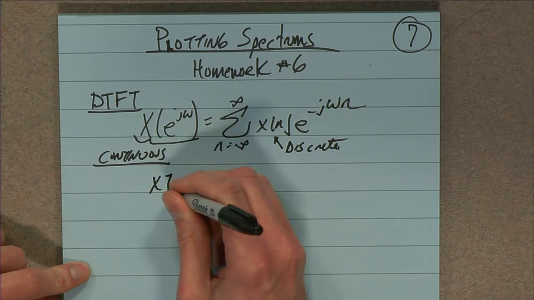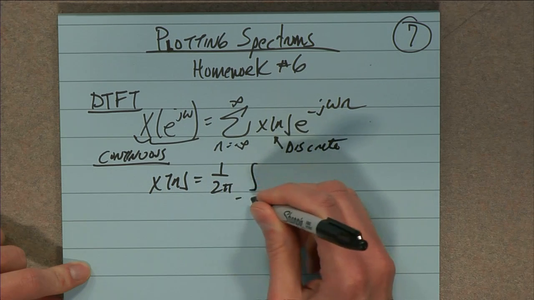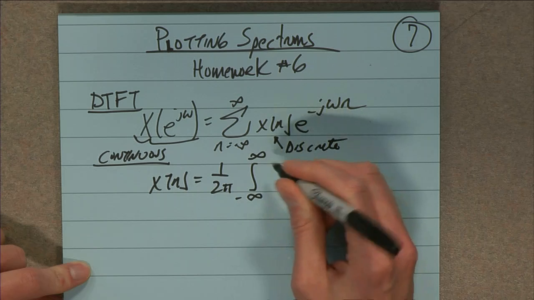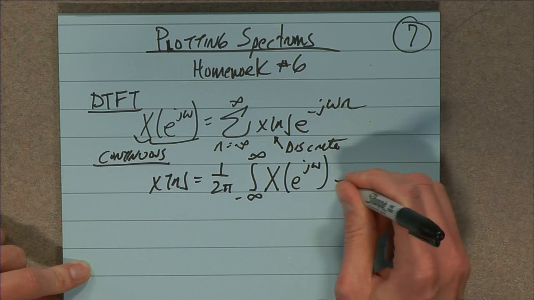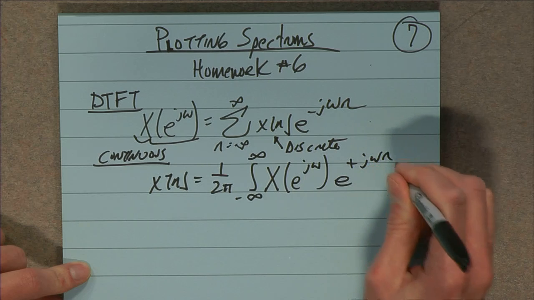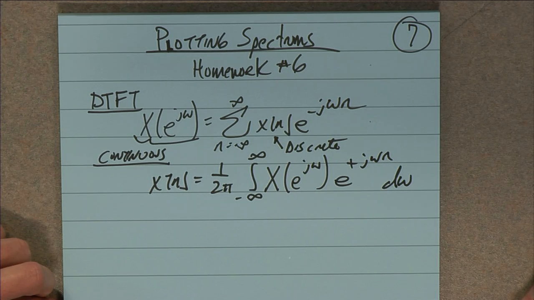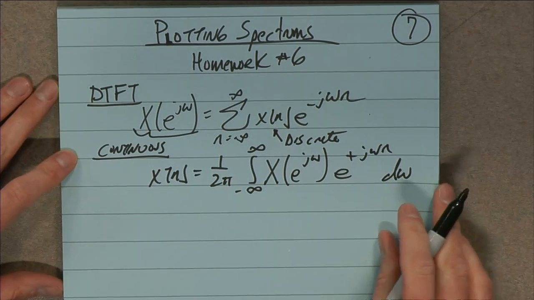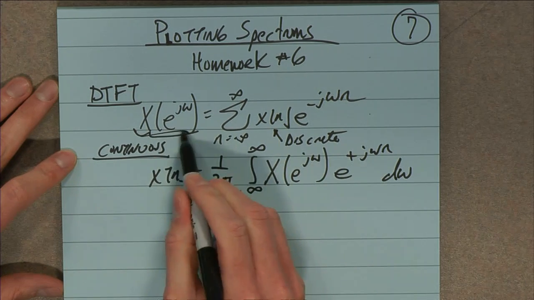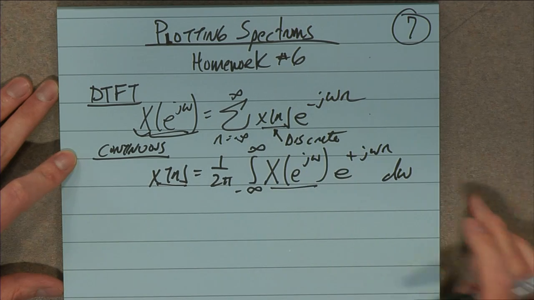And of course we could go back and forth, and we did, rarely, but we did, by integrating the spectrum, and that was e to the plus j omega n d omega. So we had this relationship. Well, these are very different functions from each other. One is continuous, one is discrete, discrete, continuous.